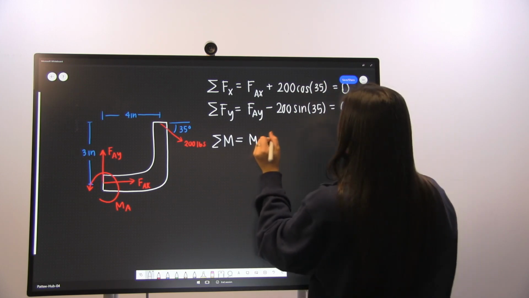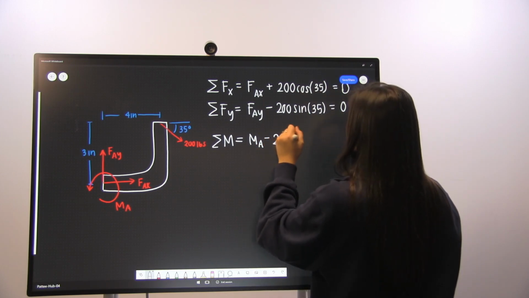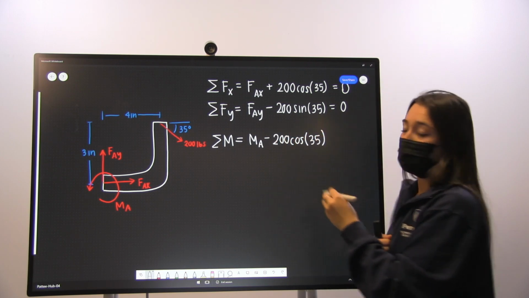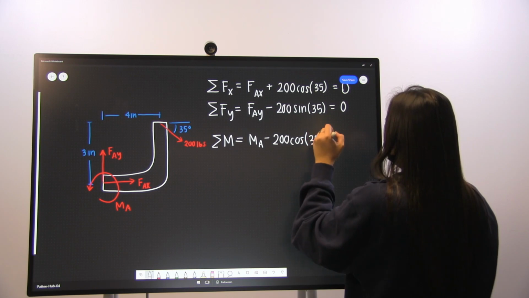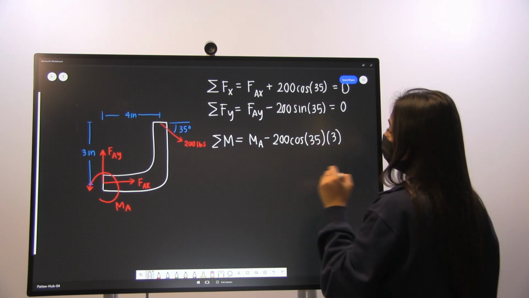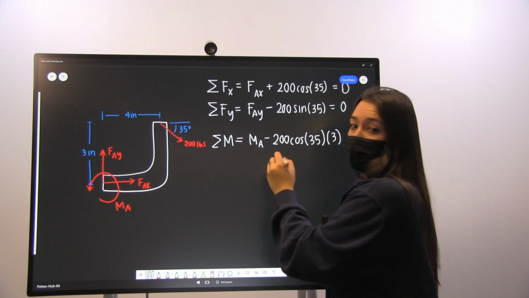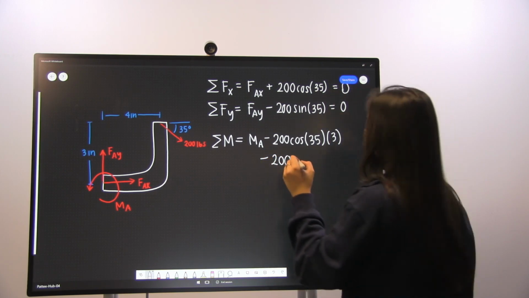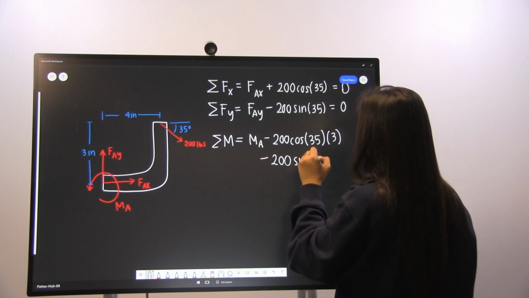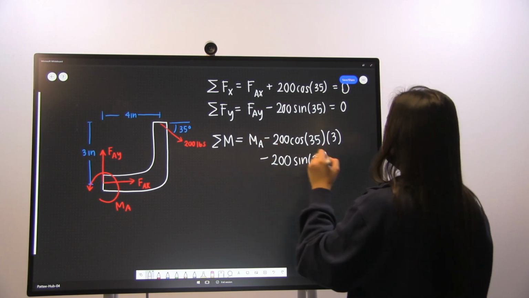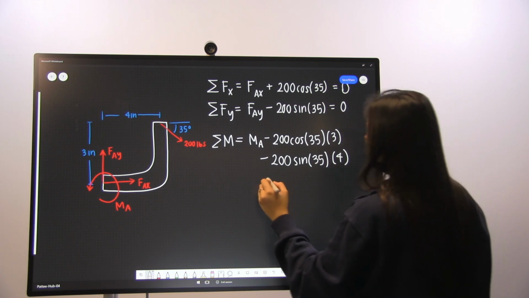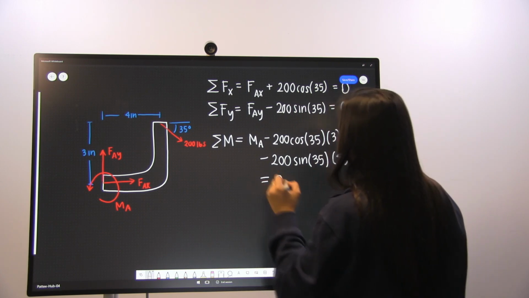So we have a minus 200 times the cosine of 35, and that's going to act 3 inches away. And we also have a minus 200, but this time times the sine of 35, acting 4 inches away. And again, all of this is equal to 0.